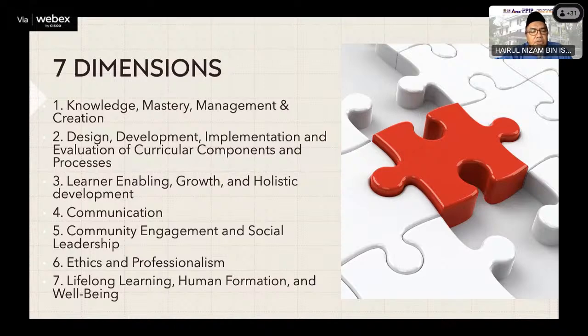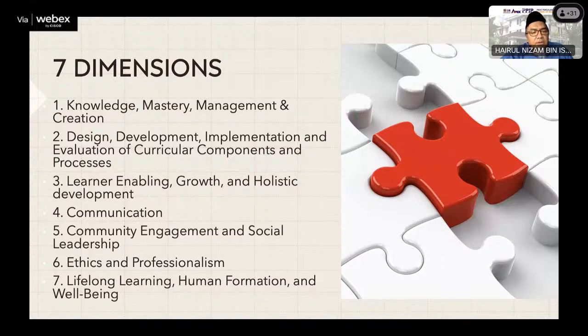Okay, so in short, there are 7 dimensions that all the groups, our colleagues from different institutions in different countries, have come up with, as a guideline or framework for this competency framework.